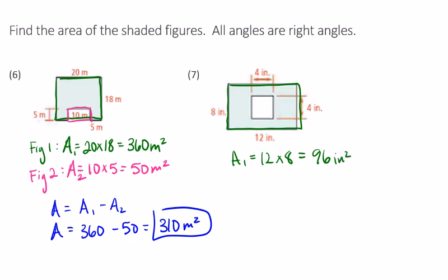For figure 2, it's a 4 by 4 square. So I can multiply 4 times 4, or I can do 4 squared. Same thing, right? So I get 16 square inches. And then our answer is going to be area 1 minus area 2. In this case, it'll be 80 square inches.